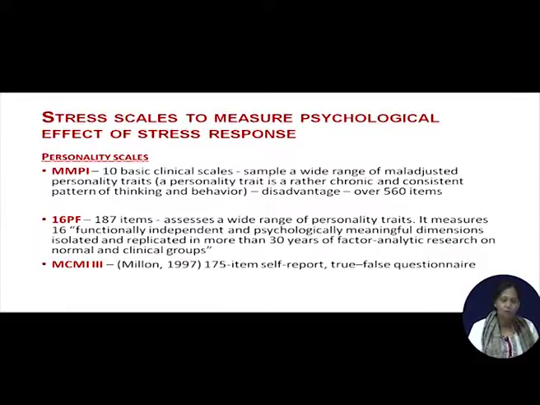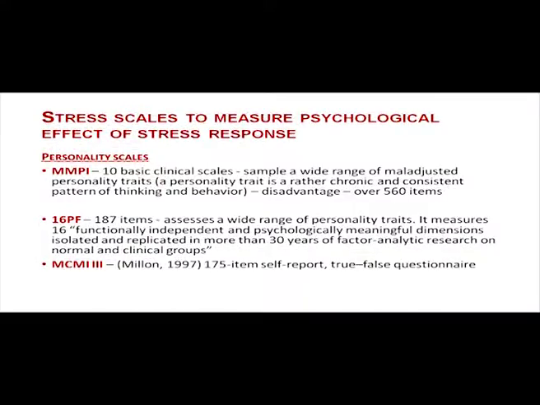This was done by Cattell, and it is known as 16 personality factors because it measures 16 functionally independent and psychologically meaningful dimensions, isolated and replicated in more than 30 years of factor analytic research on normal and clinical groups. So, this has been an extensively researched scale, and after a series of factor analytic researches, it has come down to 16 factors.